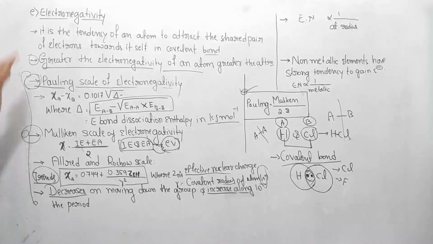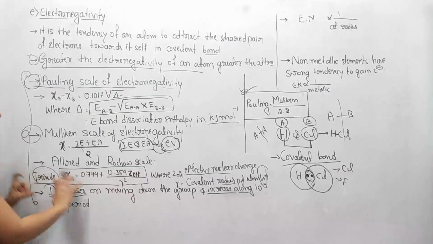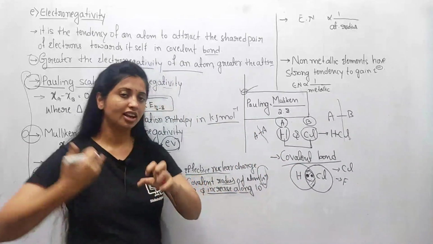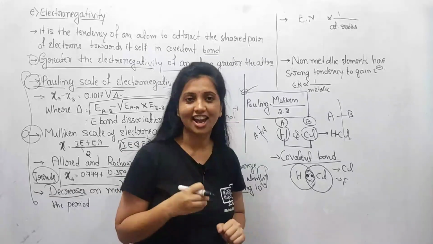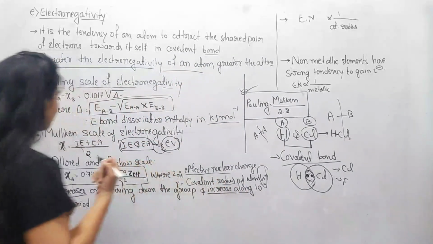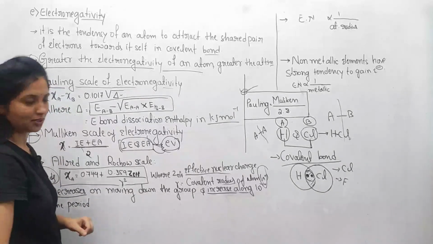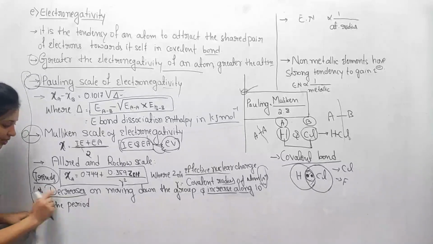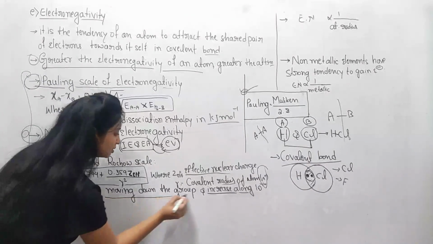Trends in electronegativity. So what is the trend of electronegativity along the period, meaning we are going left to right in the periodic table, and what is the trend down the group, meaning we are moving top to bottom in the periodic table? So see here, electronegativity decreases on moving down the group.